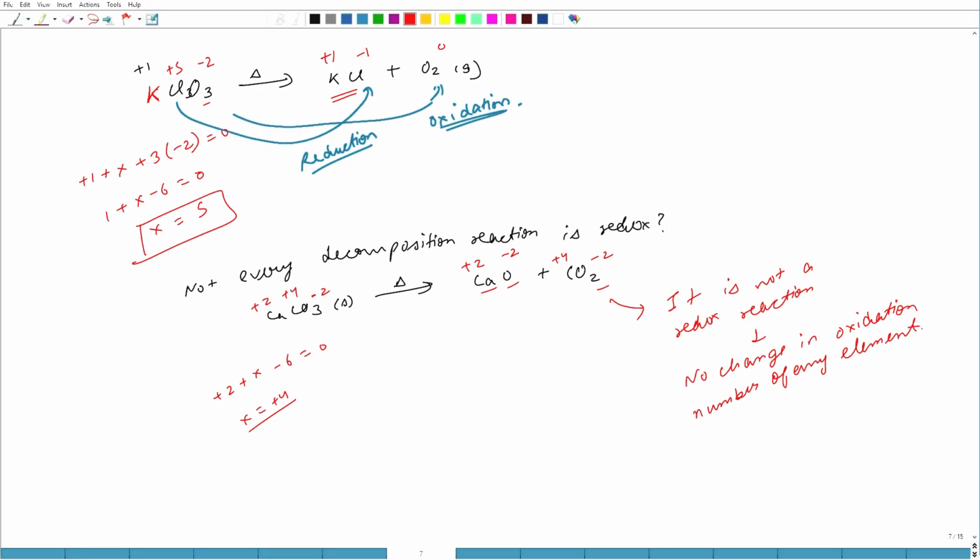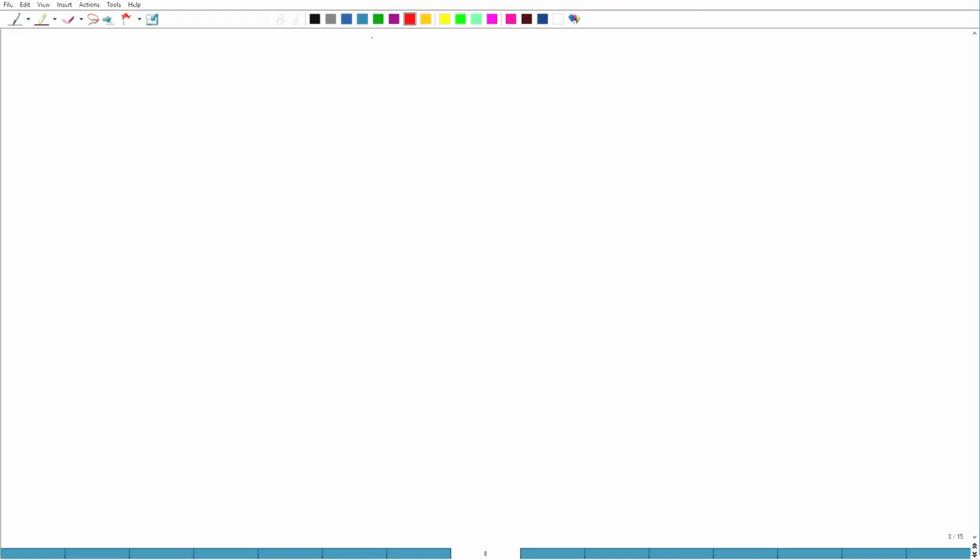So, it is not that every decomposition reaction or every thermolysis reaction is a redox reaction. You have to see which reaction is redox and which is not by calculating the oxidation numbers and seeing whether they are increasing or decreasing. That is how you will see whether any reaction is redox or not.